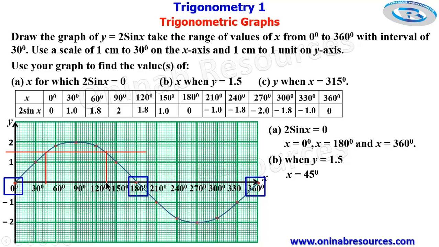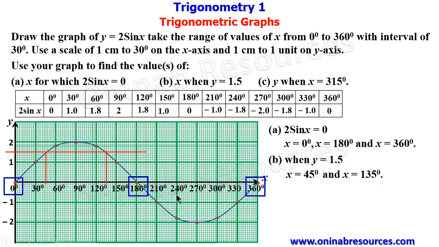And the second one is also between 120 and 150. It is halfway. So 15 plus 120 will give us 135. So we have the two values of x to be 45 degrees and 135 degrees.